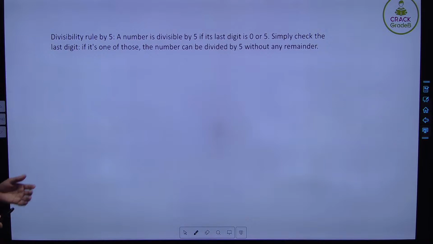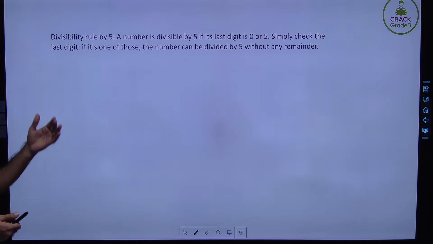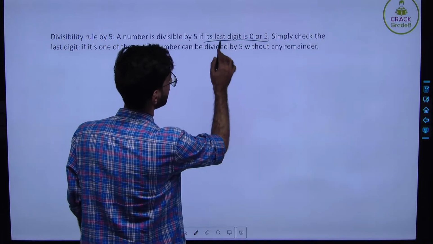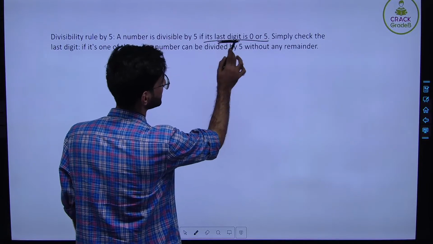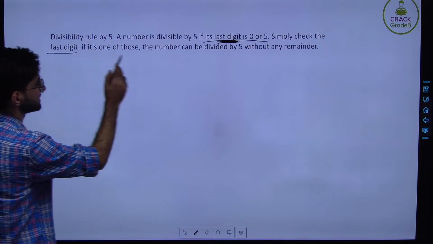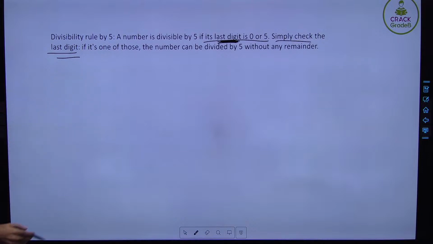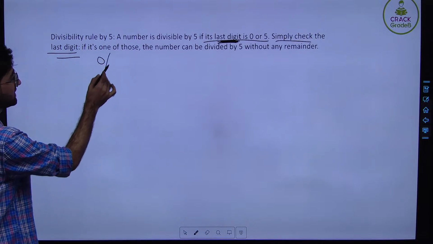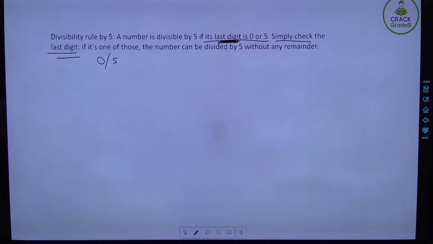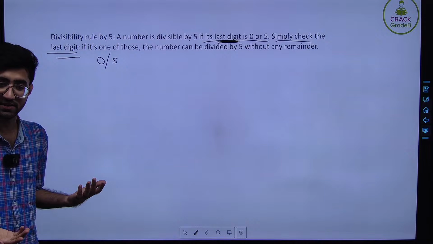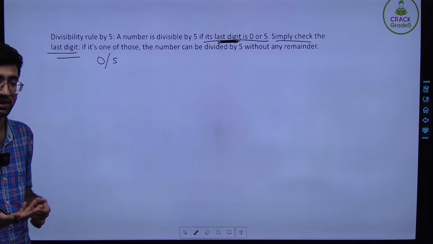Divisibility rule by 5. A number is divisible by 5 if its last digit is 0 or 5. Again, last digit means you only have to think about the last digit. Simply check the last digit. If the last digit is either 0 or 5, that number is divisible by 5.